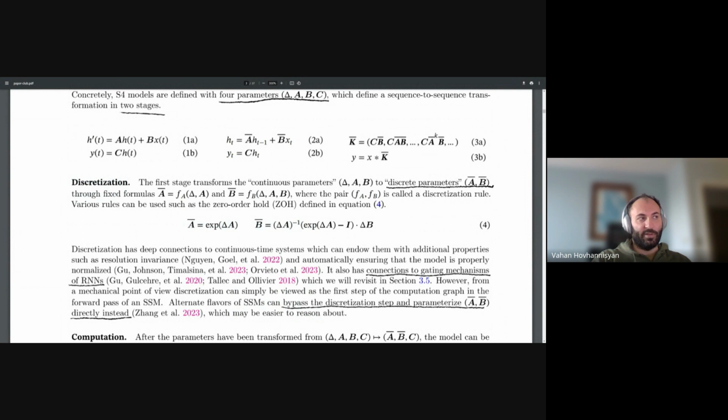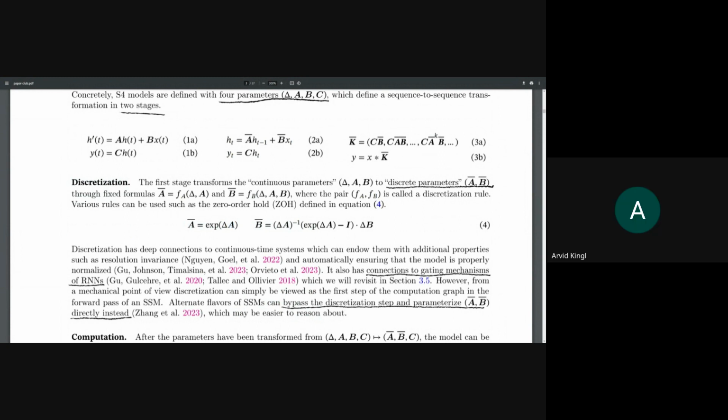Probably it does, but we don't need to understand the details to understand the algorithm, I think. So basically, delta is a learnable parameter also. A is the input matrix, and then there is an explanation at the end. We'll go through how each of these parameters makes sense, right?